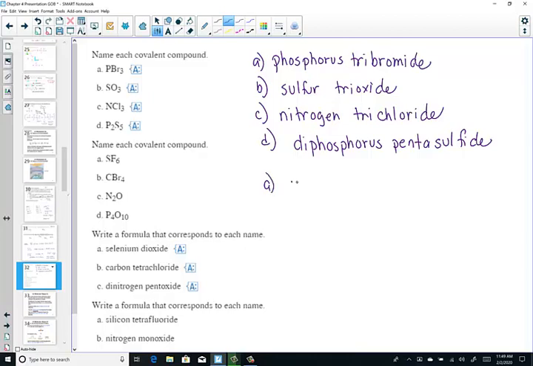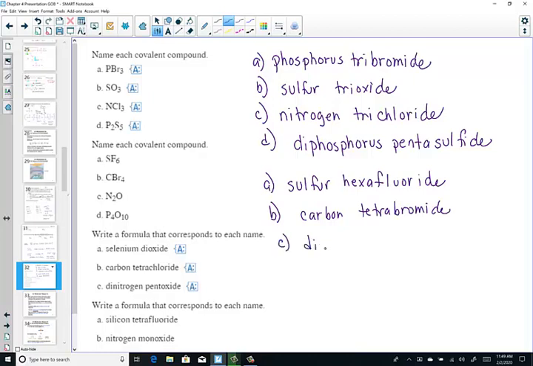Letter A, sulfur hexafluoride. Letter B, carbon tetrabromide. Letter C, dinitrogen monoxide.